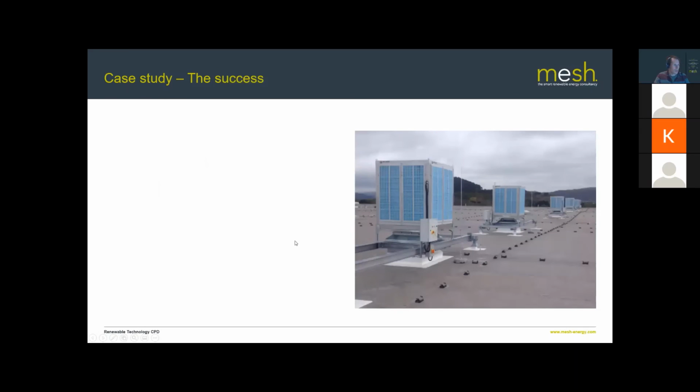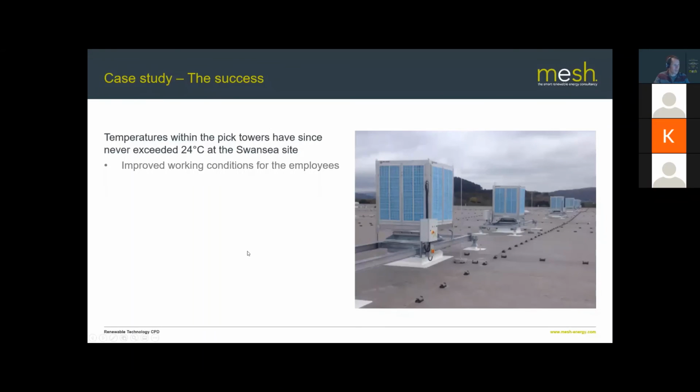We also rolled this out across a number of other sites. You can see this is actually for the Swansea site, where instead of using ground-mounted evaporative coolers, we actually used smaller evaporative coolers that were roof-mounted, but obviously you had more of them. And the success of this was that since that system's been installed on the Swansea site, they never experienced a temperature within the PIC towers over 24 degrees C, which was perfectly acceptable for the employees working in there.